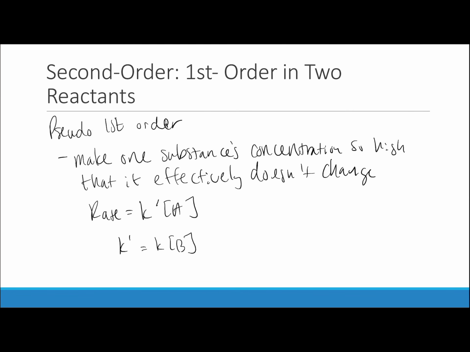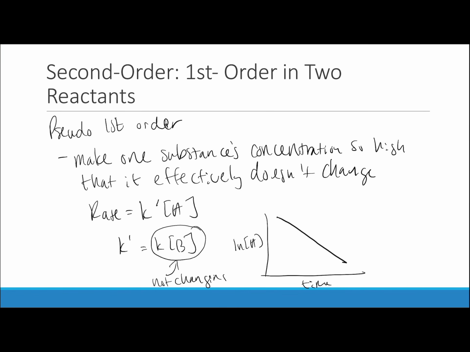Okay, so you're looking at just a change of A versus time, and you will get a linear plot for that by taking your B concentration and making it very, very large so it's not changing. And then what you do is you solve for this. And then once you solve for that, you can take this k' value here and solve for your actual k value.